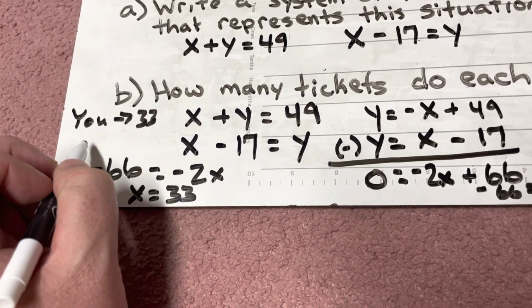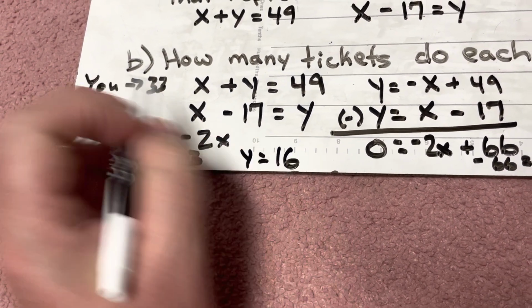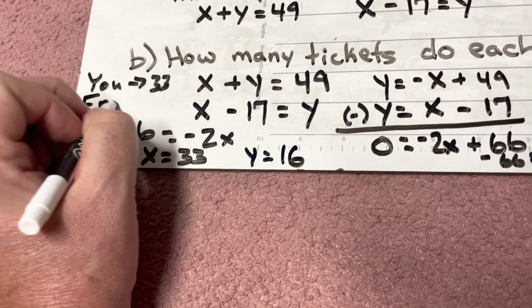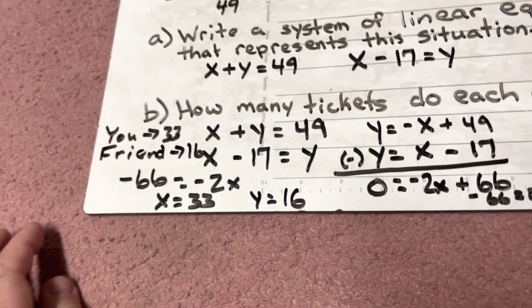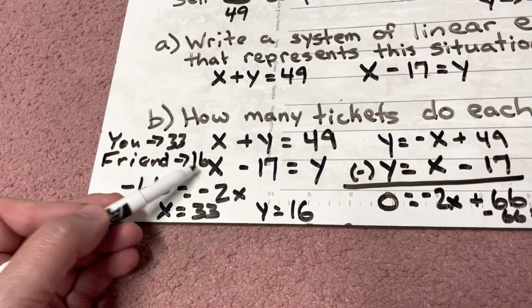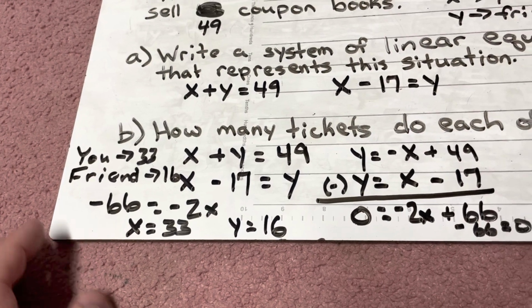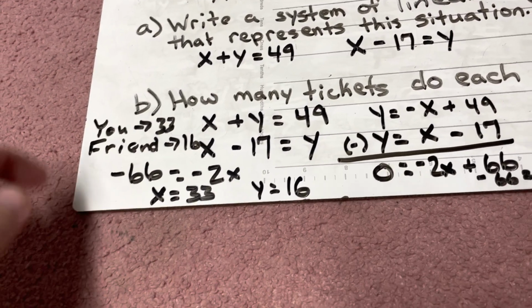So I'm going to find that y equals 16, which means your friend sold 16. And that works because 33 minus 17 is 16. 33 plus 16 is 49. My apologies for the confusion. We have one more to look at, and then we'll get going.